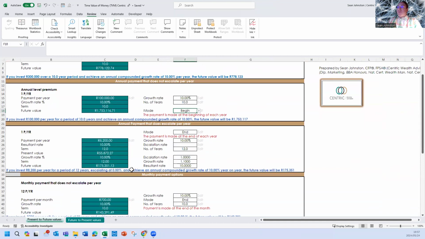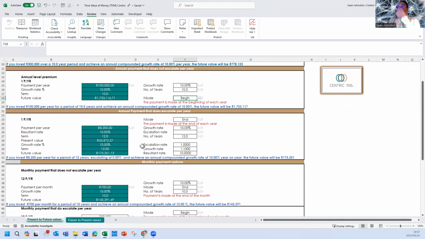The third calculator, where you can now calculate, put this onto begin mode, is you're now making payments every year, but you can escalate the payment. In other words, you can start off with a smaller amount and then escalate that by whatever percent you wish to increase the contribution by.